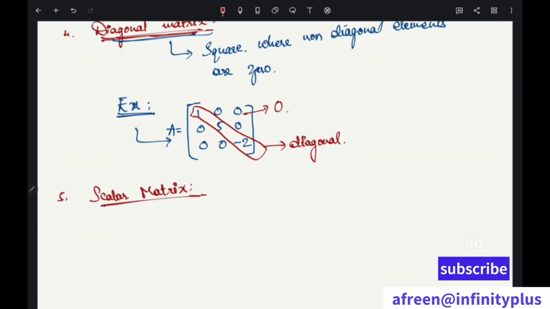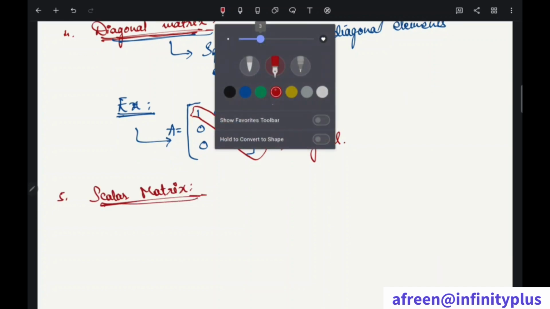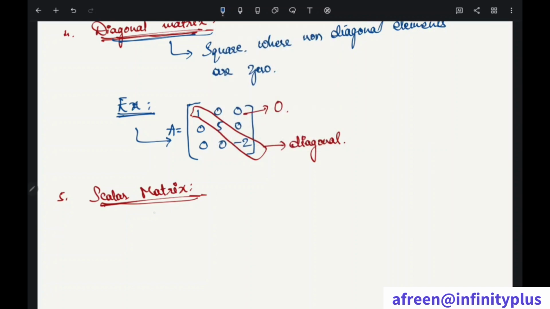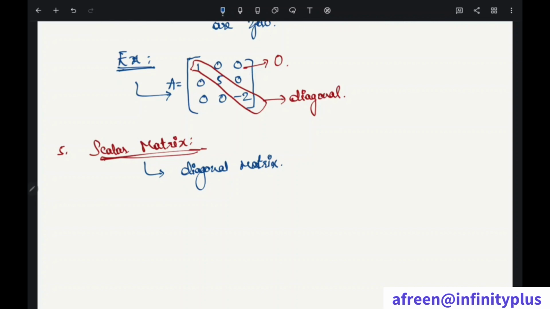The next type of matrix is a scalar matrix. If you take up the scalar matrix, you must be well acquainted with the diagonal matrix. A scalar matrix is nothing but a diagonal matrix where the diagonal elements are the same. Diagonal elements will be equal to each other. Let's understand with an example.